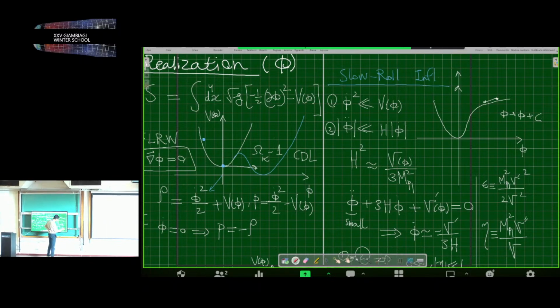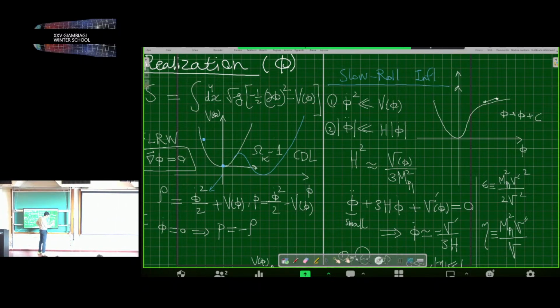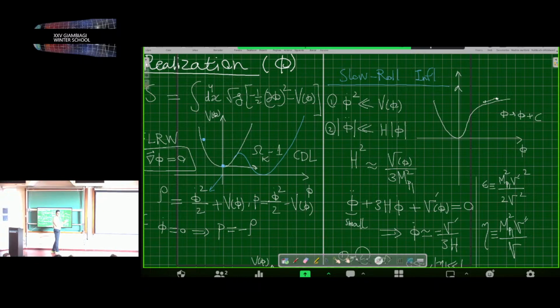Whatever potential you choose doesn't have to be a function of phi squared. Like an exponential potential, I think it can satisfy this condition. Any potential, as long as it satisfies these conditions, can have inflation. But maybe I didn't understand the question, we can discuss.